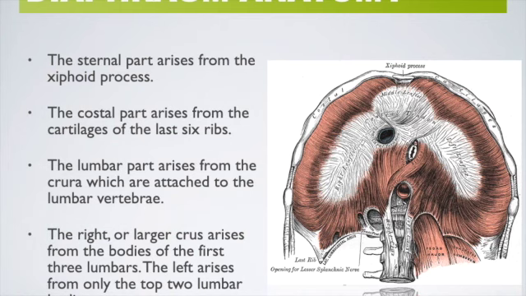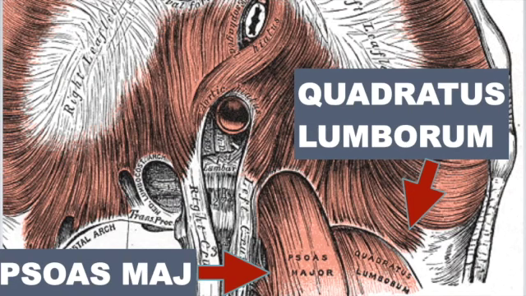The diaphragm also has to allow passage for the aorta, the vena cava, the esophagus, and other nerve and neural tissue, and essentially it interdigitates with the psoas and the quadratus lumborum, as you can see in this slide number 4.